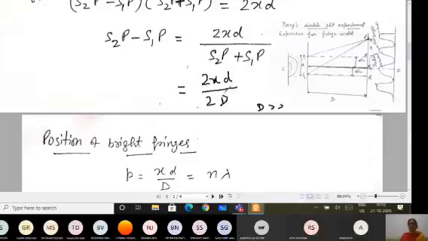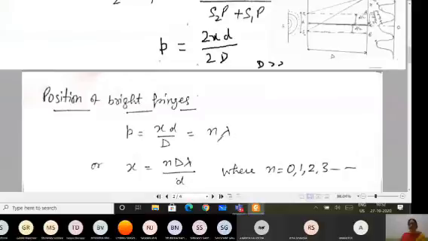Under that condition, this path difference is twice of small x small d divided by 2D. So this 2 will get cancelled and I am left with path difference equal to xd upon capital D. And if I want to have the bright fringe, this path difference should be equal to n lambda. This we have done in the previous class as well.